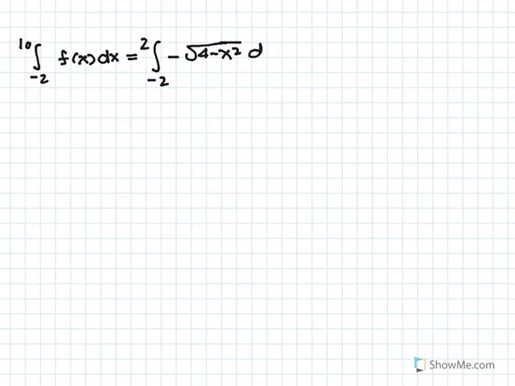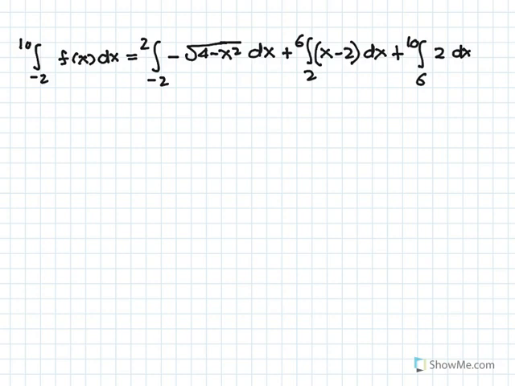All right, so now let's add up these integrals. So we have the integral from minus 2 to 10 of f of x dx. That's equal to the integral from minus 2 to 2 of minus root of 4 minus x squared dx, plus the integral from 2 to 6 of x minus 2 dx, plus the integral from 6 to 10 of 2 dx.